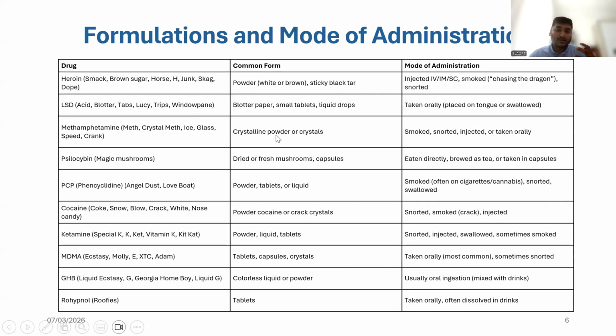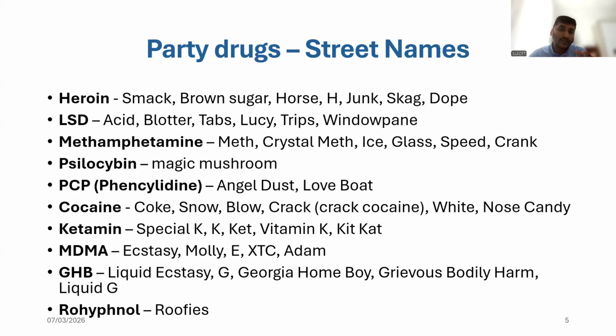In which form they are in the market is also important, as is knowing these street names. Now we can Google it or ask ChatGPT to get the original name of the street or party drug. But it's important because patients who come with toxic exposure or overdose will not know the general names that we use.